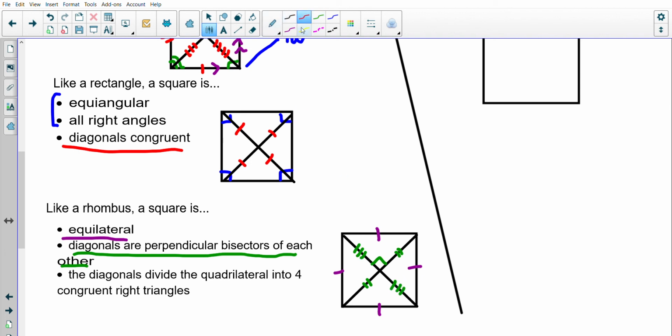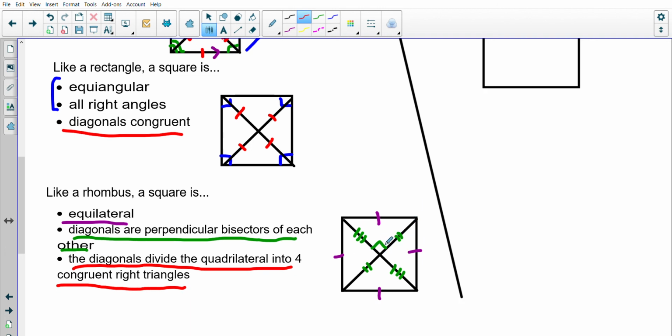And again, the diagonals divide the quadrilateral into 4 congruent triangles. You can see them pretty easily.